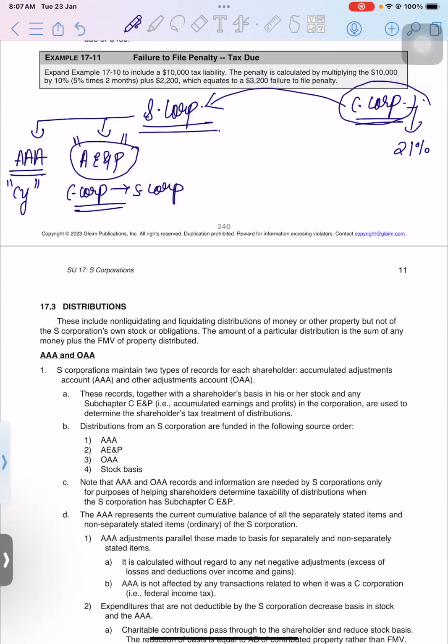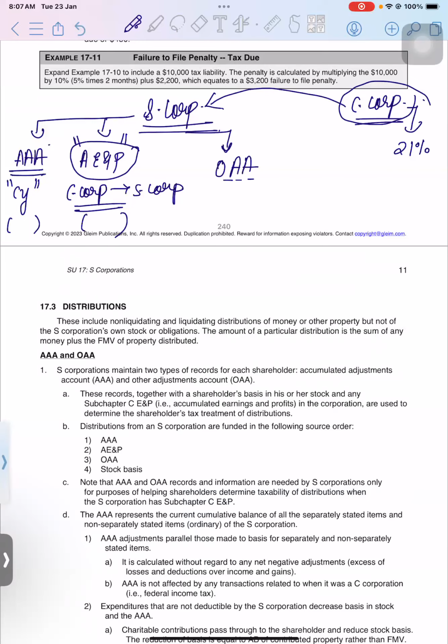After that, we will also check these two amounts. As soon as you distribute a certain amount to the shareholders, you are going to first reduce your AAA. If something is still going negative, you will again distribute from accumulated E&P, and then you will touch the OAA, other adjustment account.